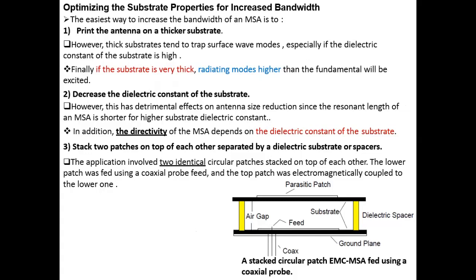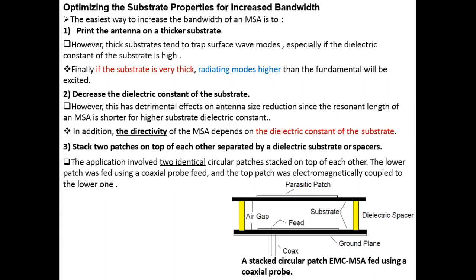Finally, if the substrate is very thick, radiating modes higher than the fundamental will be excited. Decrease the dielectric constant of the substrate. However, this has a detrimental effect on antenna size reduction, since the resonant length of a microstrip antenna is shorter for a higher substrate dielectric constant.